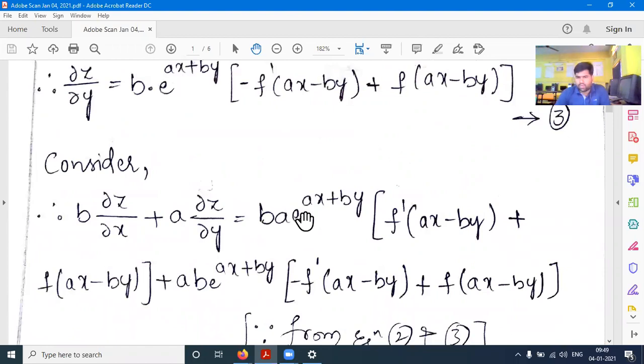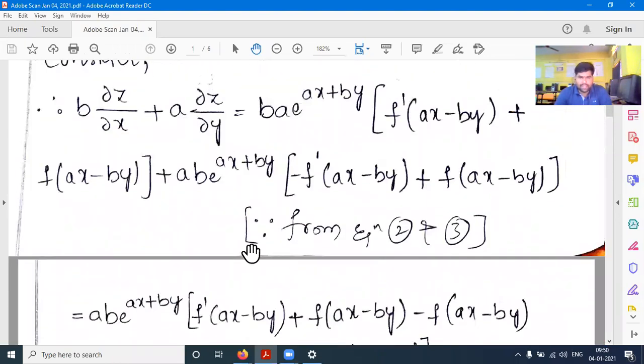So that is b into a into e power ax plus by into, this one is the first equation, plus, and this one we are multiplying with a. So then what happens, that is ab e power ax plus by into minus f dash of ax minus by plus f of ax minus by.